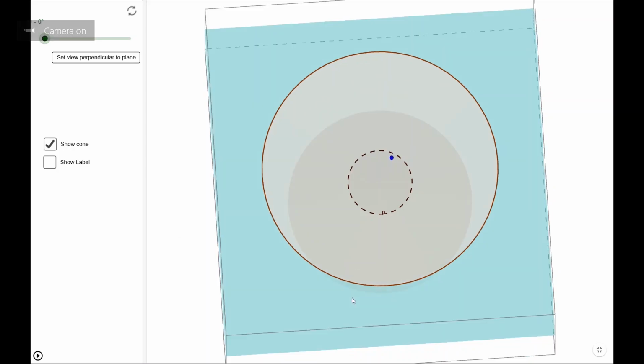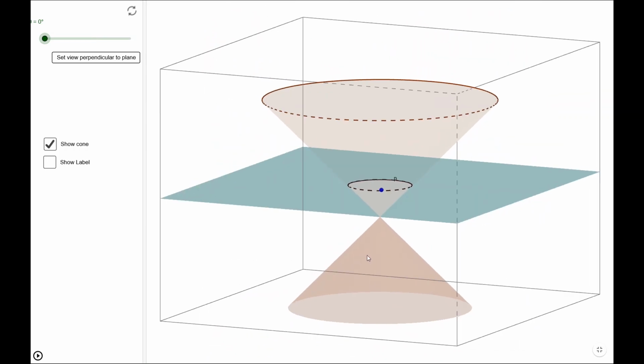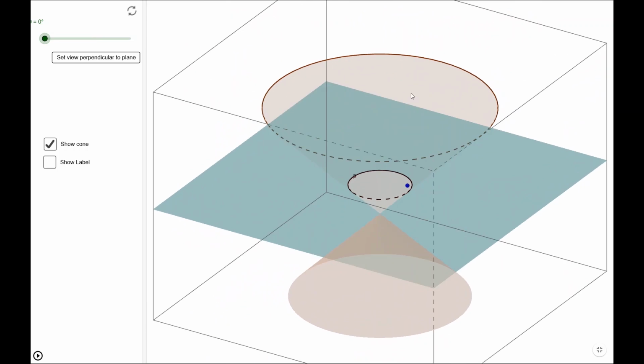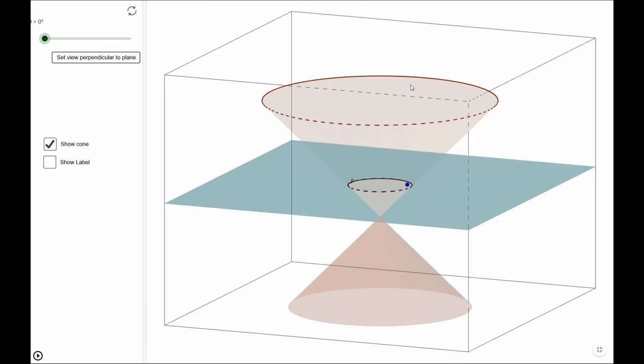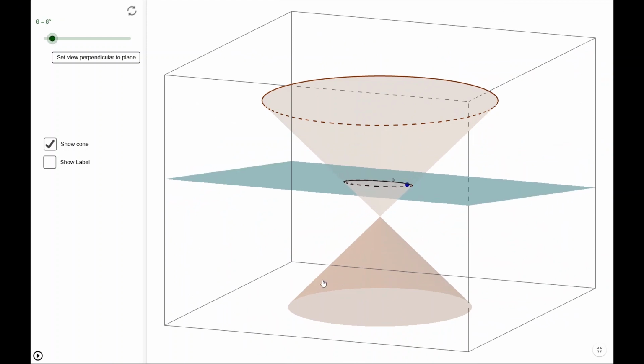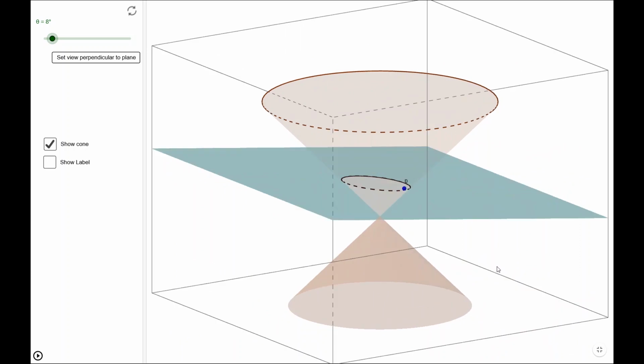Okay, now what would happen if we change the angle at which this sheet is cutting the cone? Now let's look at this carefully. So this is the cone now, and the sheet is there, and I'm going to start changing the angle of the sheet. So the sheet is going to start tilting a little bit. Now you might not be able to see it well from this angle, but let's try to change the angle.